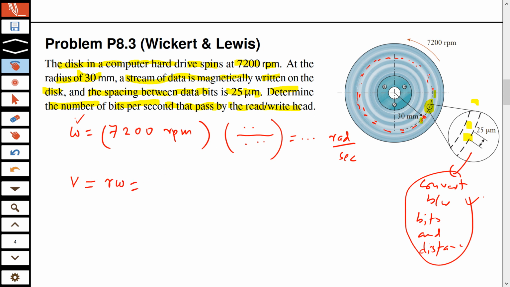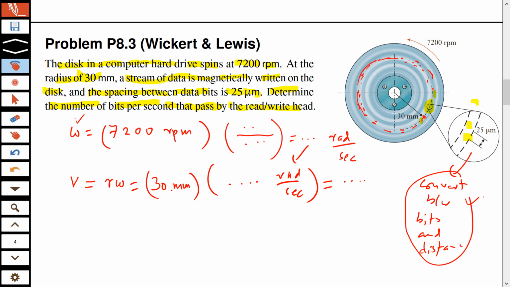Now the circle of interest for this question is this one, not the overall circle. So we are only considering this circle for which the radius is 30 millimeter. So I multiply 30 millimeter with the answer I get from the above line, which is radian per second.